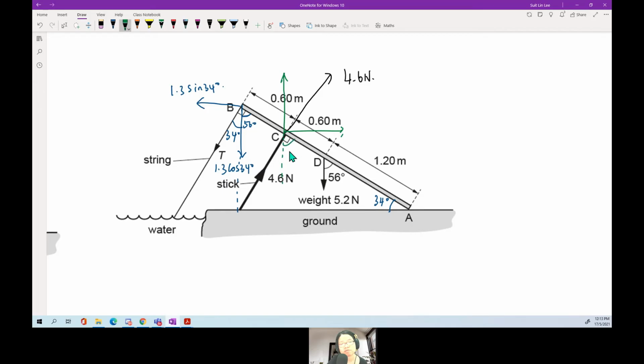So this one is 56. How do I transfer the angle? This is 34. So this will be 4.6 cos 34 and 4.6 sine 34. This one no need to resolve. Okay. You have normal force here.